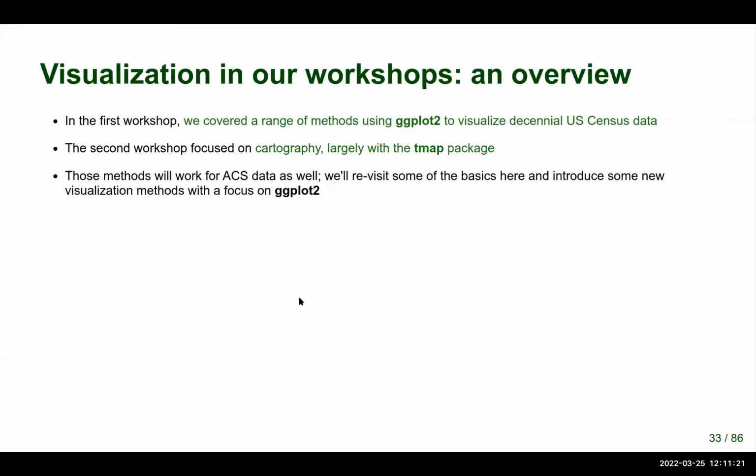You can go ahead and try it out and run it. So this portion of the workshop is a repackaging of some of that content from previous workshops, but showing some tailored examples to the ACS, because of a challenge I ran into in preparing the visualization examples for the decennial data. For 2020, pretty much all we have for decennial US Census data is total population, race, ethnicity, and group quarters status.